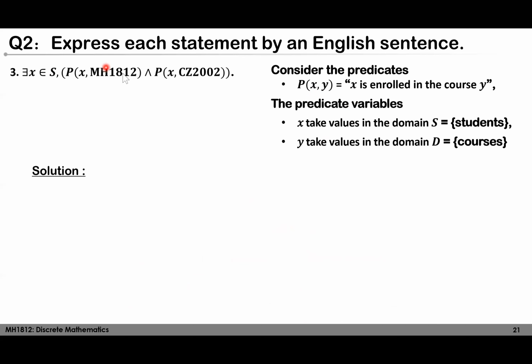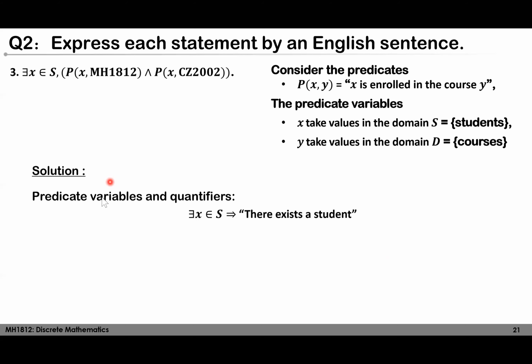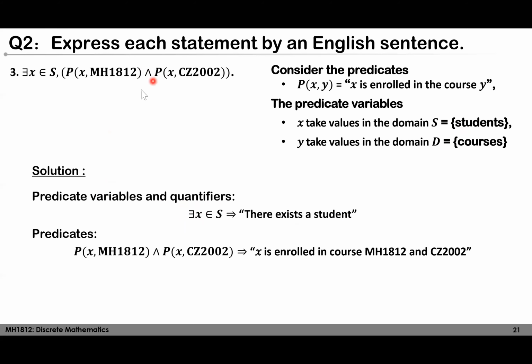So for the third question, the predicates, variables, and quantifiers: there exists x in S. So there exists a student. The predicate is a conjunction. So it translates into x is involved in course MH1812 and CZ2002.